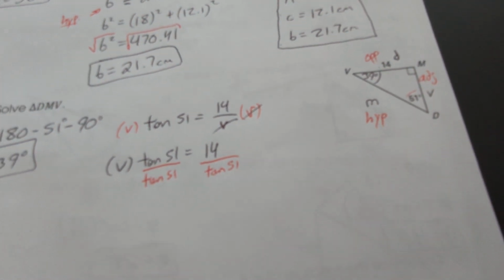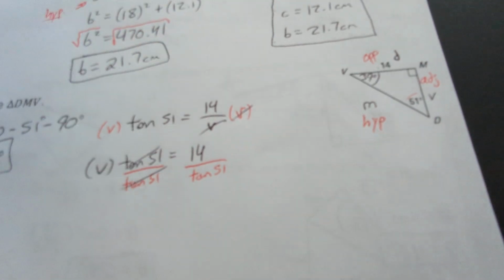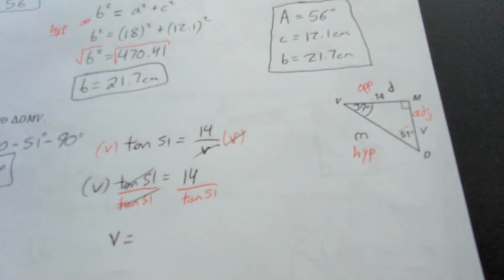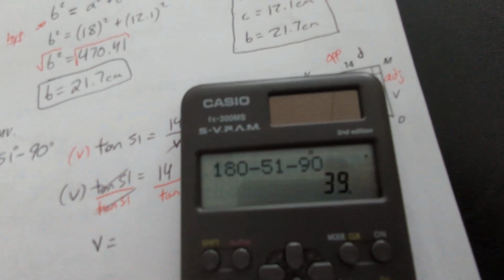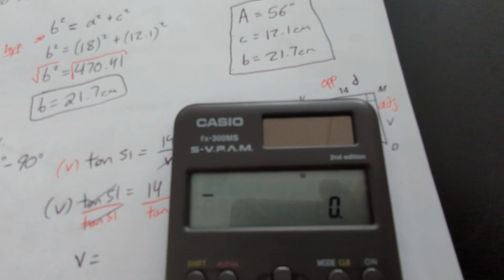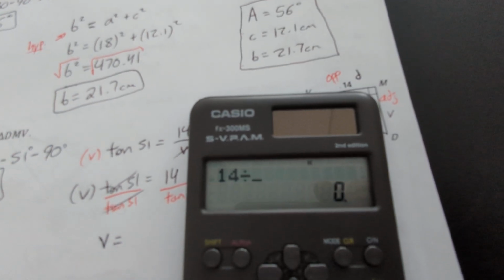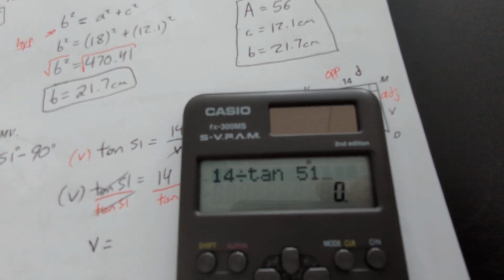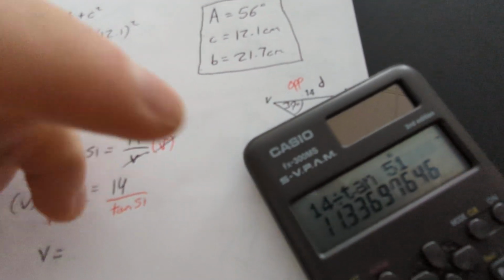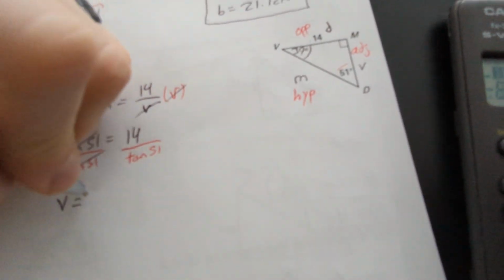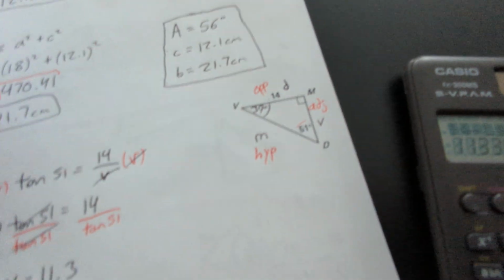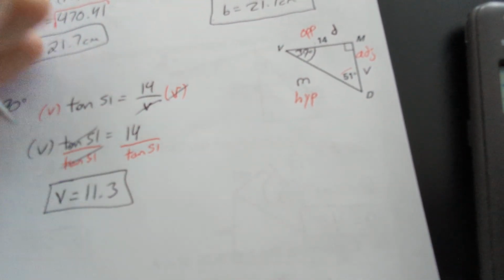When you do that, the tans cancel, and we have v equals 14 divided by tan 51. Let's put that into our calculator now. 14 divided by tan 51. We get 11.3. And since this is a side, we can do one decimal place, 11.3. And there's no units here, so we can just leave it with no units.